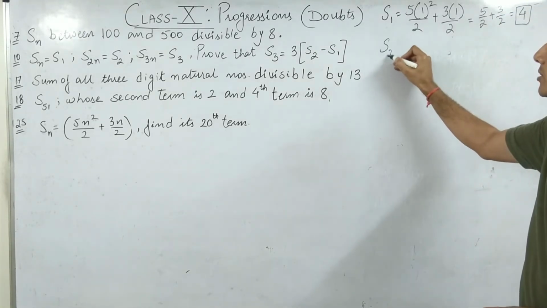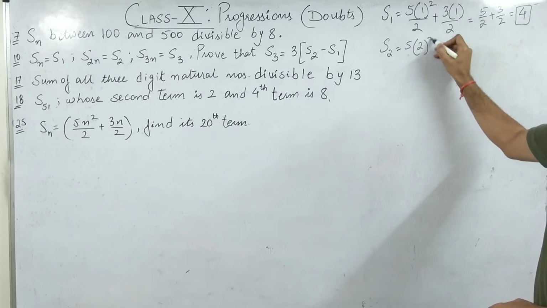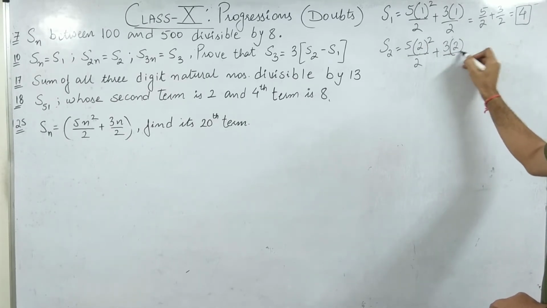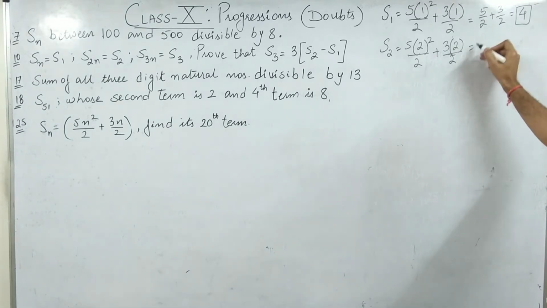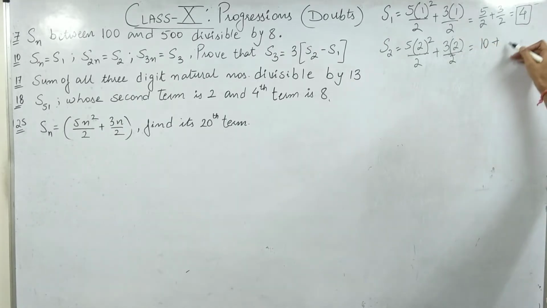Let's now do S2. So S2 is 5 bracket 2 square by 2 plus 3 bracket 2 by 2, which is equal to 5 into 4 is 20 by 2 comes out as 10, plus 2 and 2 cancel, and it's going to be 3, which is going to be 13.